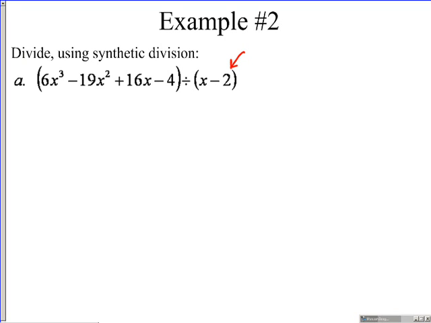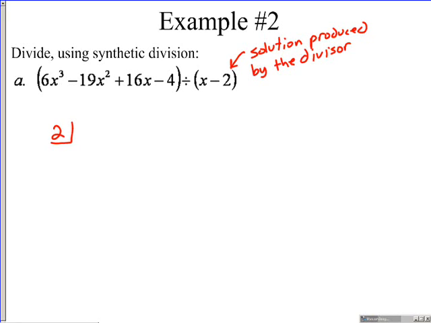In synthetic division, we want to divide by the solution that is produced by the divisor. In this case, x minus 2 would produce a solution of 2.